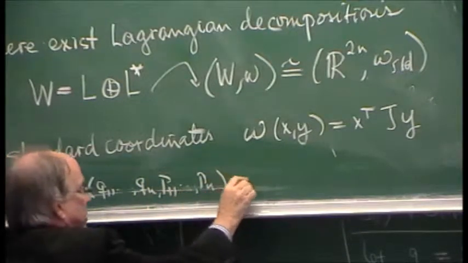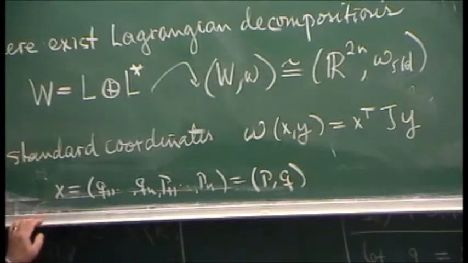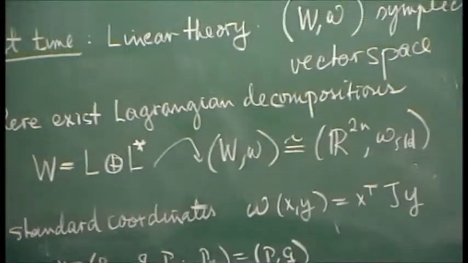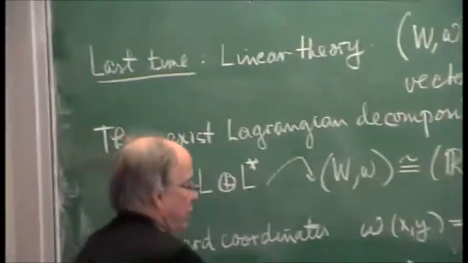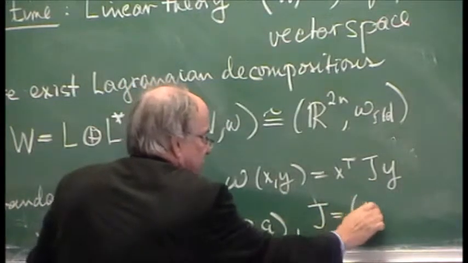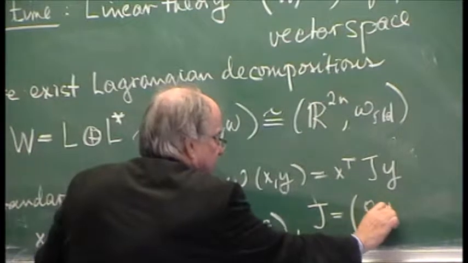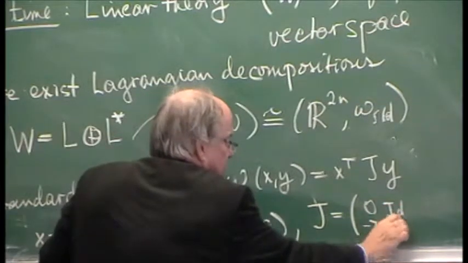So sometimes we'll write this as PQ. And J, of course, as you know, but I'll write it again, J here is 0 minus the identity.